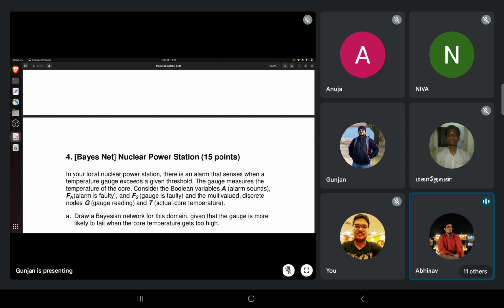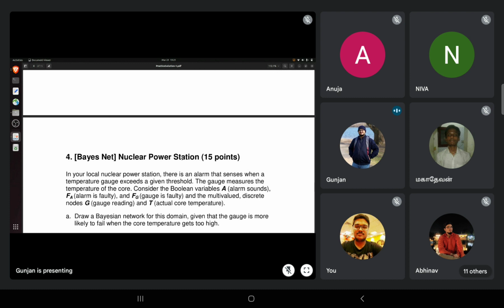So T will be the immediate parent of the alarm. T will be the root essentially, because everything is dependent on the temperature, right? Let's say I give you that information, and I'm telling you that G is the gauge reading, FG is when the gauge is faulty, and then you have FA, when the alarm is faulty, and the Boolean variable A is when the alarm sounds.